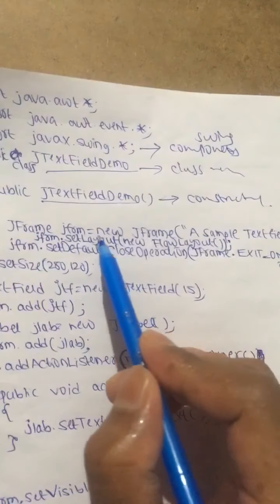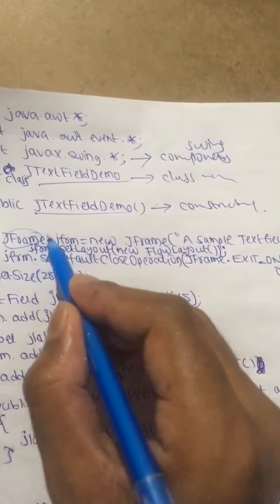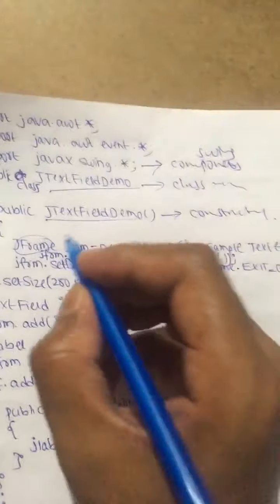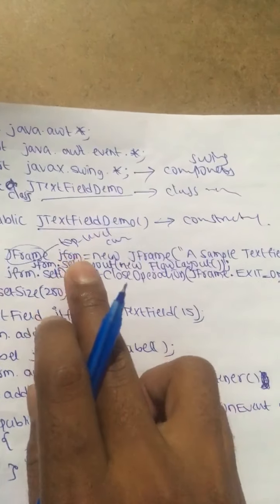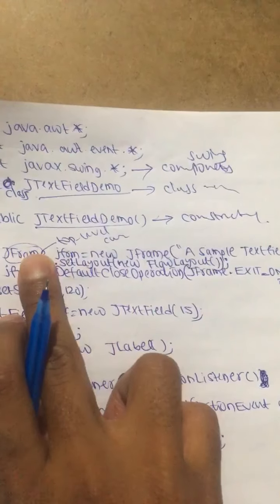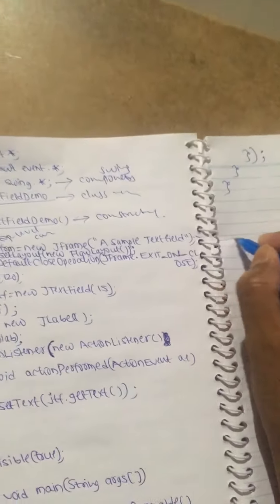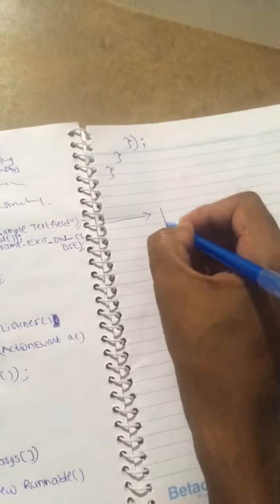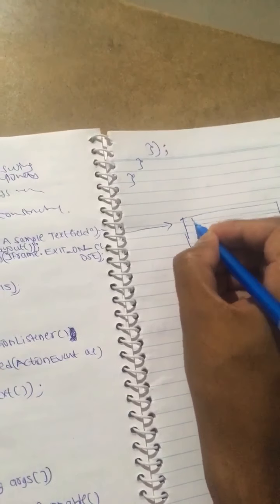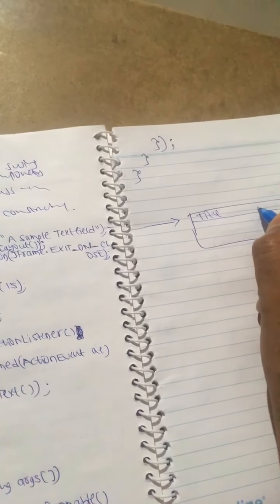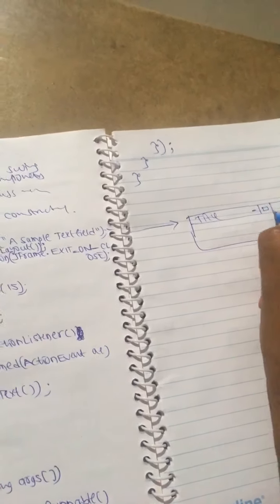jfrm equals new JFrame. We know that JFrame is the top level container, and jfrm is the reference to the top level container. JFrame creates a rectangular window with a title, a minimize button, a maximize button and a close button.